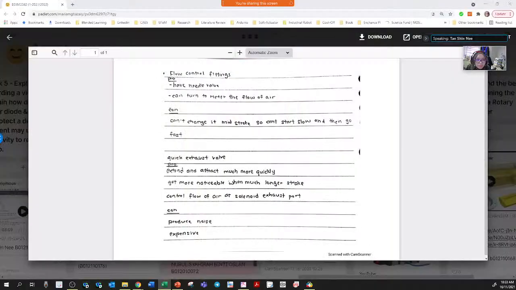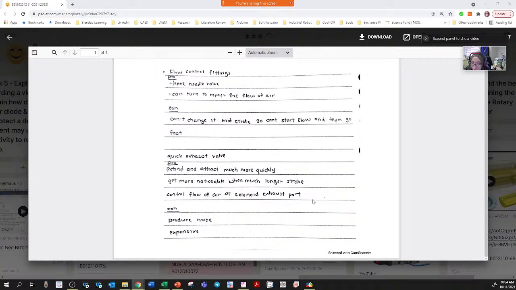And we can also control the flow of air by adjusting the meter. But it will produce noise when we use it, and it is expensive. And that's all for me.